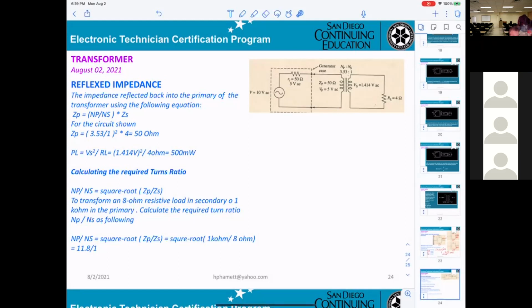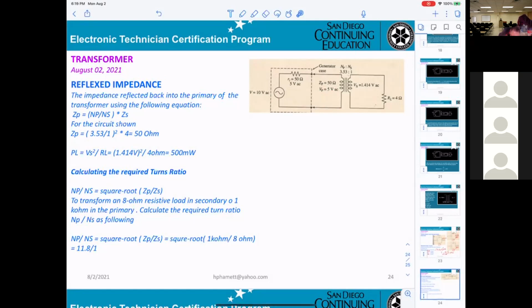Do you have any question up to this point? How do you calculate the primary voltage? Did you apply the same formula, Vs over R1 plus R2 whole square into RL? Yeah, they're using the same formula.